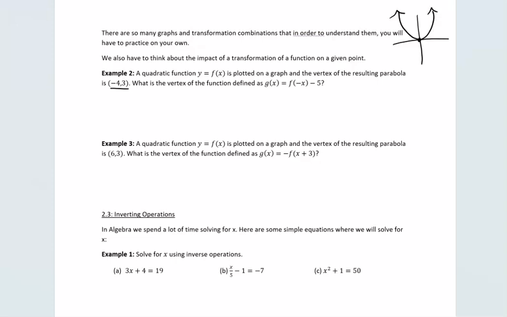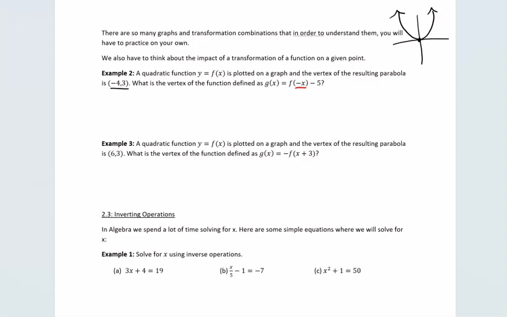So let's look at what's happening on the inside. On the inside, it's a reflection about the y-axis. So that could indicate some change in the x value. And we don't know exactly what this function looked like to begin with, so we can't assume that it was at (0, 0) or whatever, right?